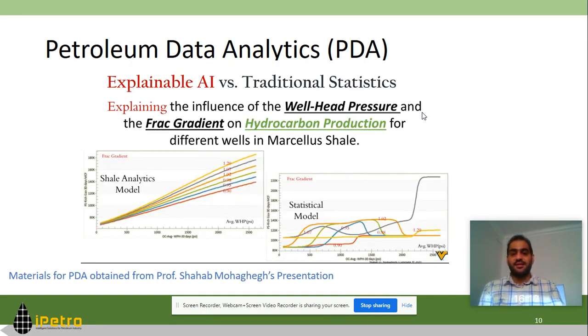And this is another example, where based on PDA, a reasonable interpretation for chain analytics was provided by Professor Mohaghegh, and using a statistical model, it failed. This is an example of the contribution of PDA. You can go through it in Professor Mohaghegh's papers and books.